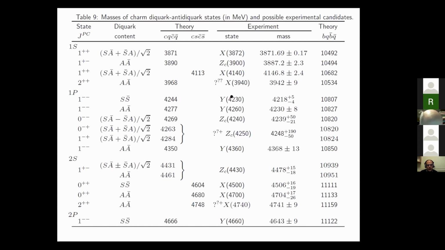Here, Y states are just p-wave excitations, which are composed of either two scalar diquarks or two axial vector diquarks. And also, we have 4 candidates for the states with hidden charm and hidden strangeness.